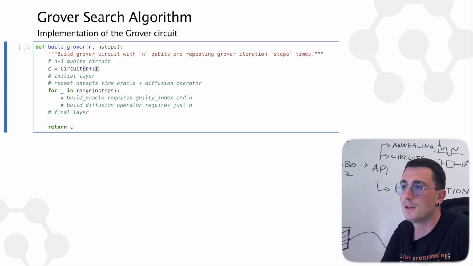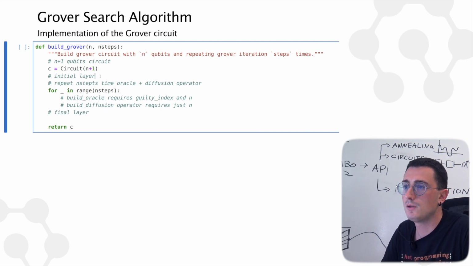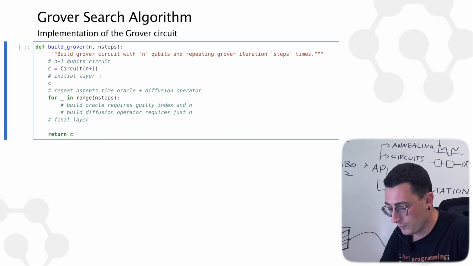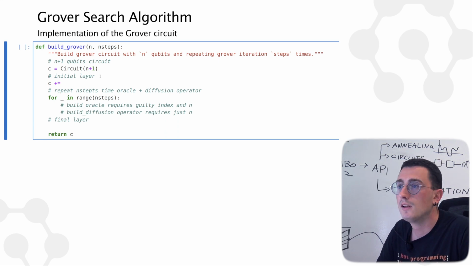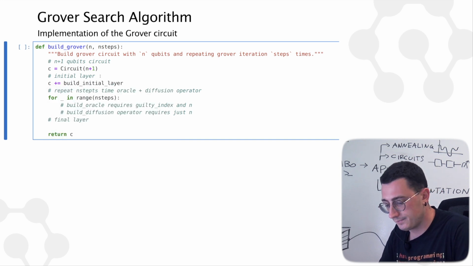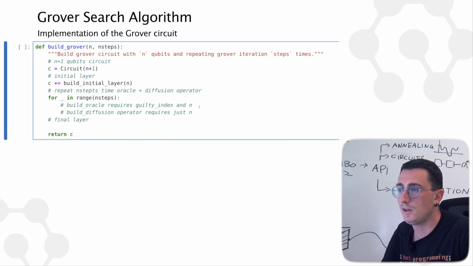Once more, input register plus ancilla. Then we add to the circuit the initial layer, and we can act as if the circuit is a sort of list. So we can say plus equal build initial layer, and we pass n as argument.